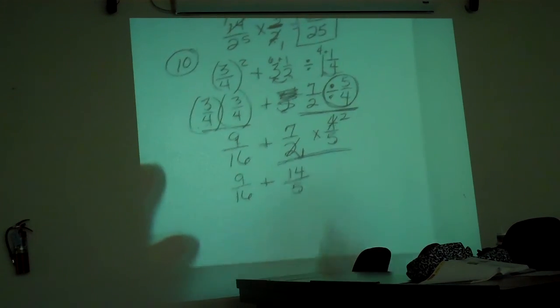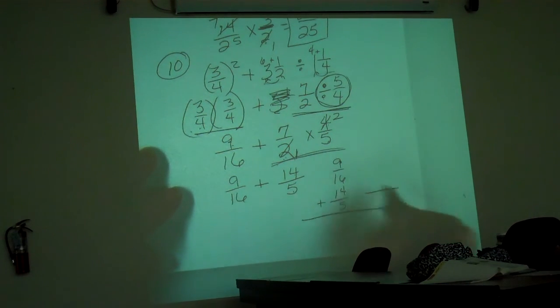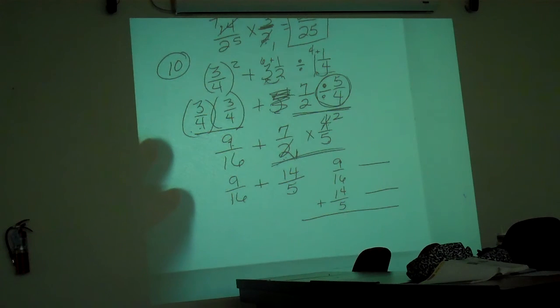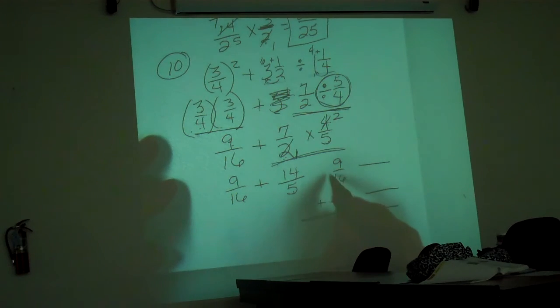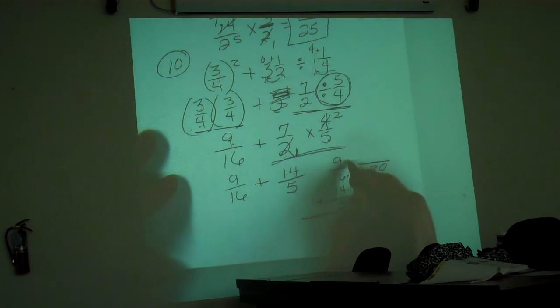We need a common denominator. You have 9/16 and 14/5. So 16 and 5, you're going to have to do 16 times 5. 5 times 6 is 30, 5, 6, 7, 8. It's going to be 80. That will be our common denominator. This will be times 16, and this will be times 5.